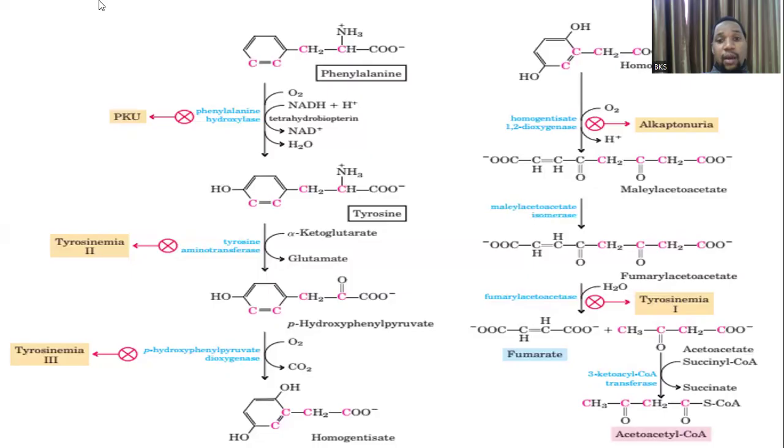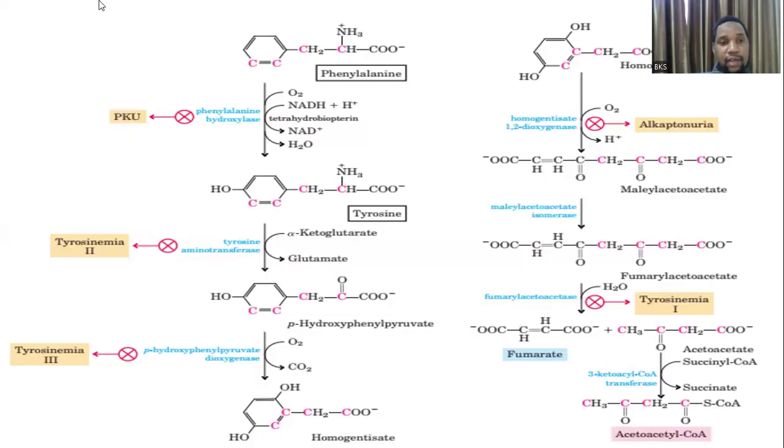Now we've seen how phenylalanine and tyrosine are converted to either fumarate or acetoacetate. And we've already talked about acetoacetate being converted to acetoacetyl-CoA in the presence of succinyl-CoA, which leads to formation of succinate by 3-ketoacyl-CoA transferase.